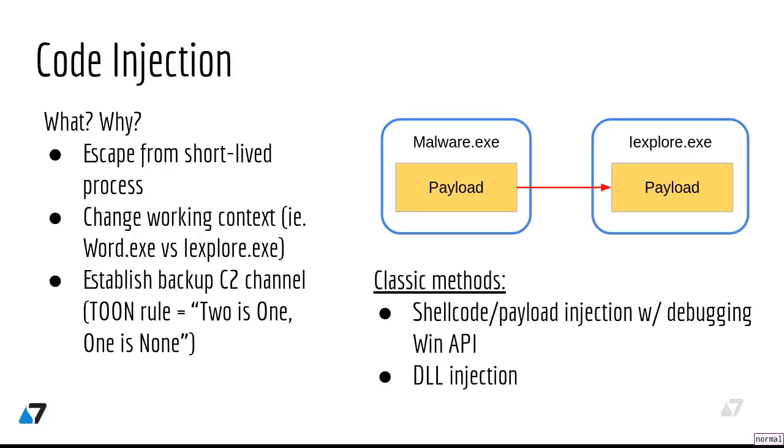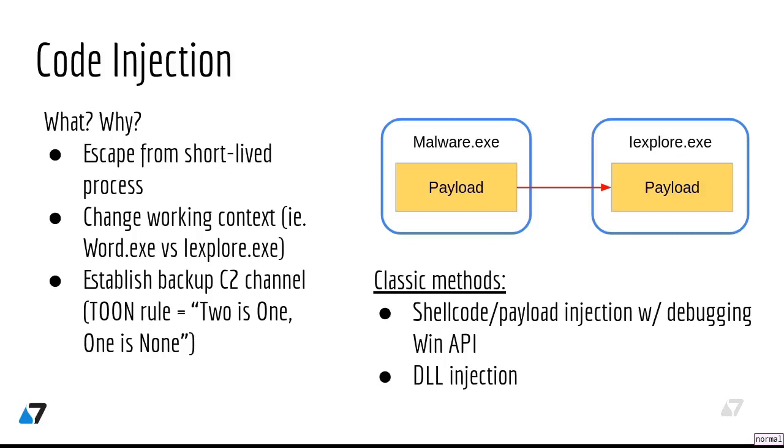So you get two connections, or two sessions, from the same machine, and the second session is your backup in case your primary connection drops, okay? That's why this rule is called two is one, one is none. Two sessions mean control, and one session means no control.